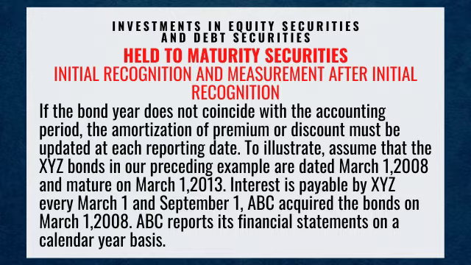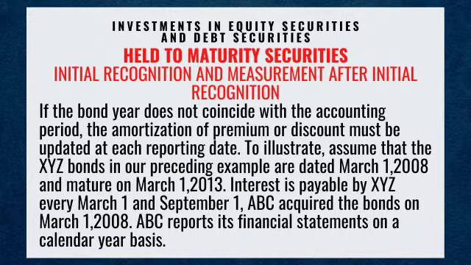If the bond year does not coincide with the accounting period, the amortization of premium or discount must be updated at each reporting date. To illustrate, assume that XYZ bonds in our preceding example are dated March 1st, 2008 and mature on March 1st, 2013. Interest is payable by XYZ every March 1st and September 1st.